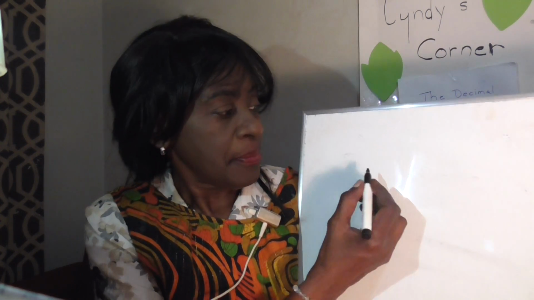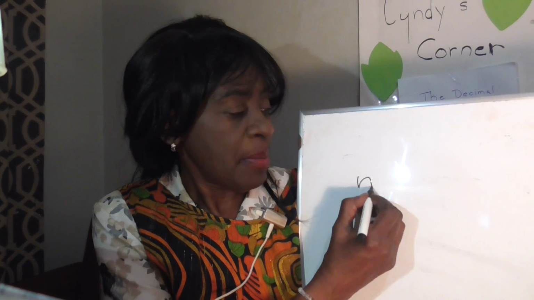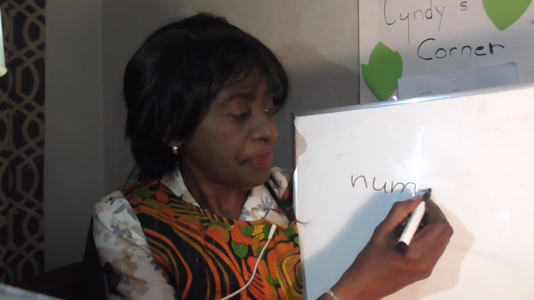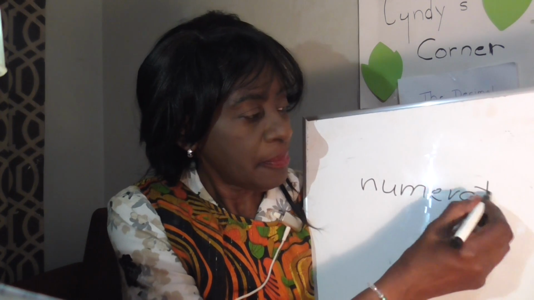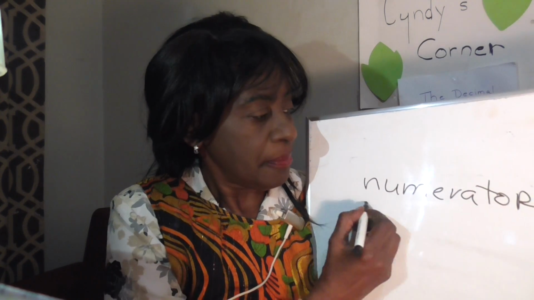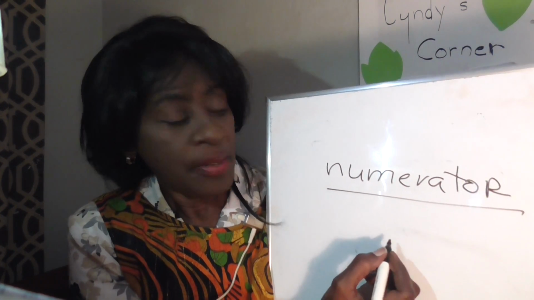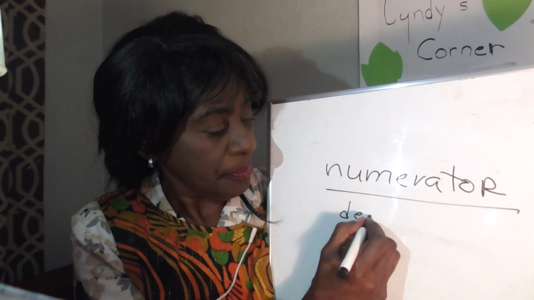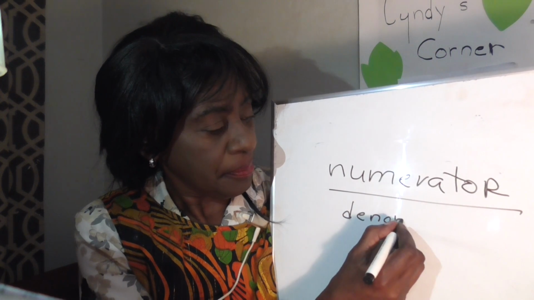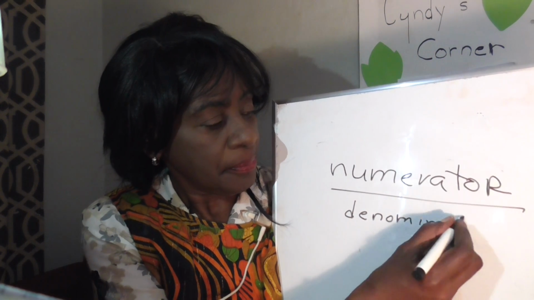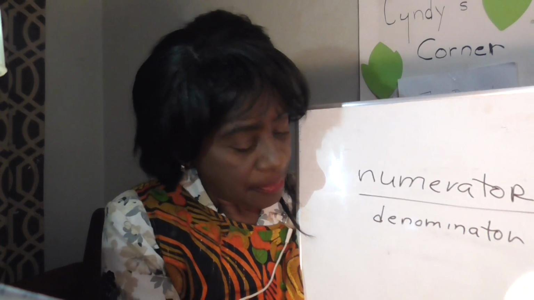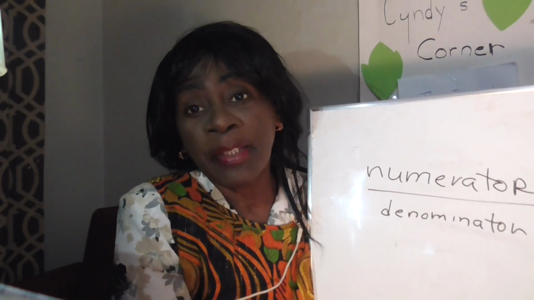We know with fractions, the top number is called the numerator, and the bottom number is called the denominator. The numerator and the denominator.